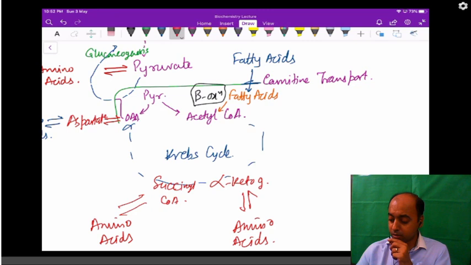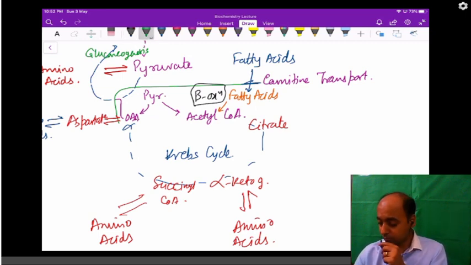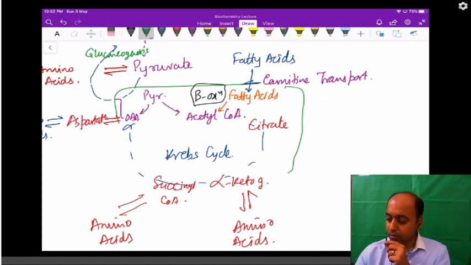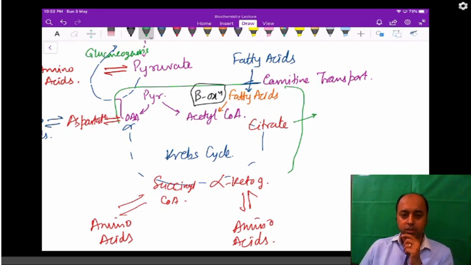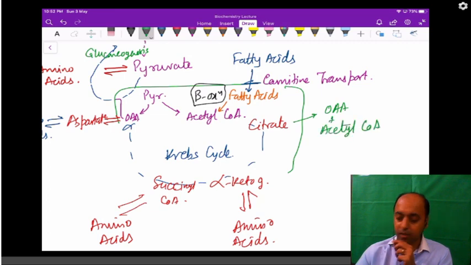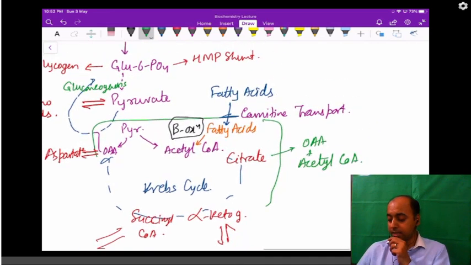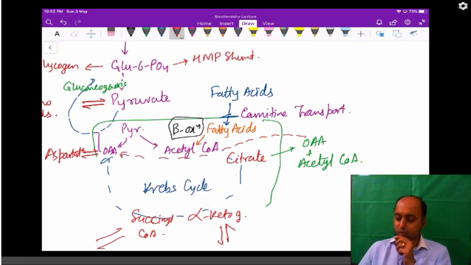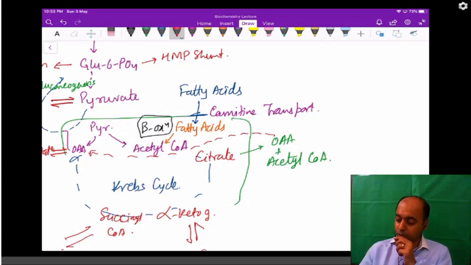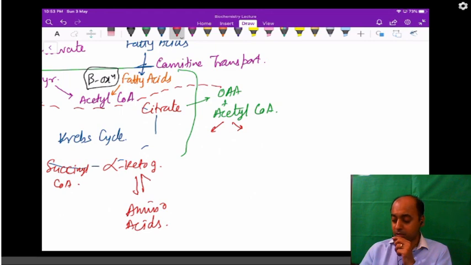In addition, the citrate which is formed here can come out and get converted into oxaloacetate plus acetyl coenzyme A. The oxaloacetate goes back into the mitochondria, but this acetyl coenzyme A can participate in fatty acid synthesis and cholesterol synthesis.